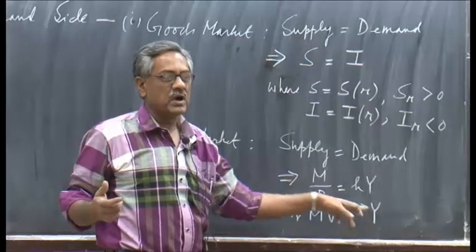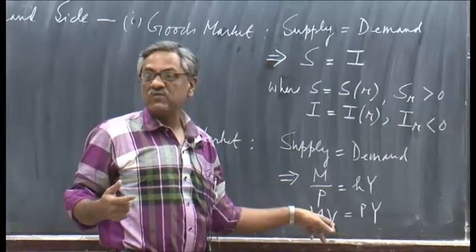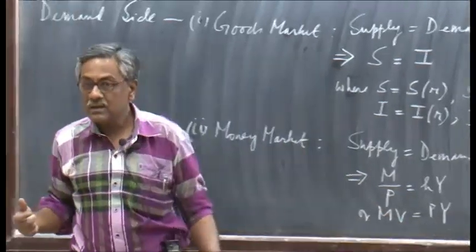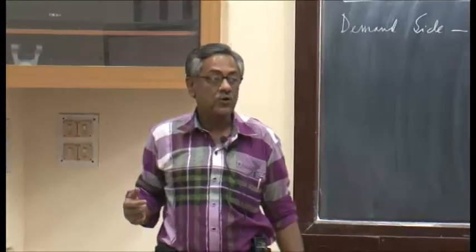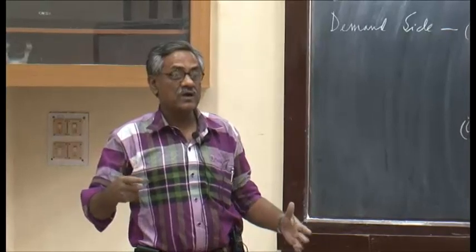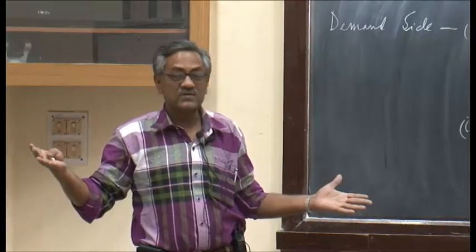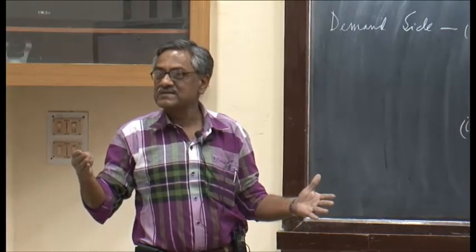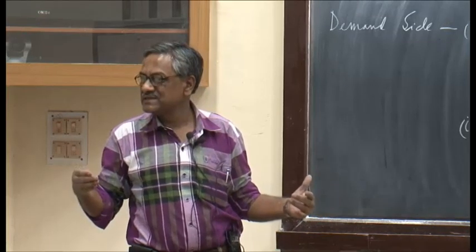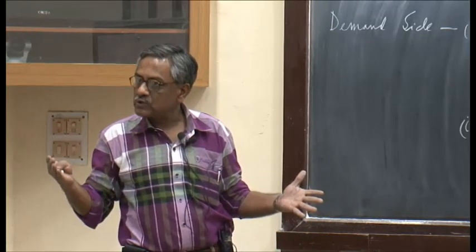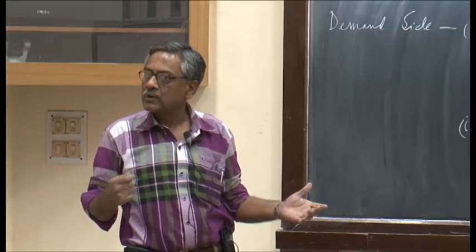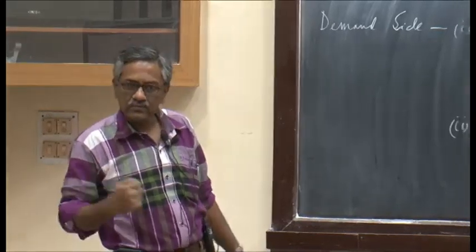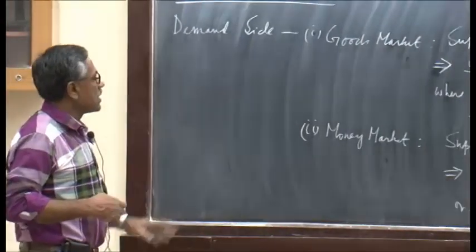M is less than PY, because M into V, where V is a number greater than 1, is equal to PY. Therefore the total currency requirement in a country is much less than the total value of goods produced. The simple reason is that currency keeps traveling and does the job for the country. All right, so this is the money market.